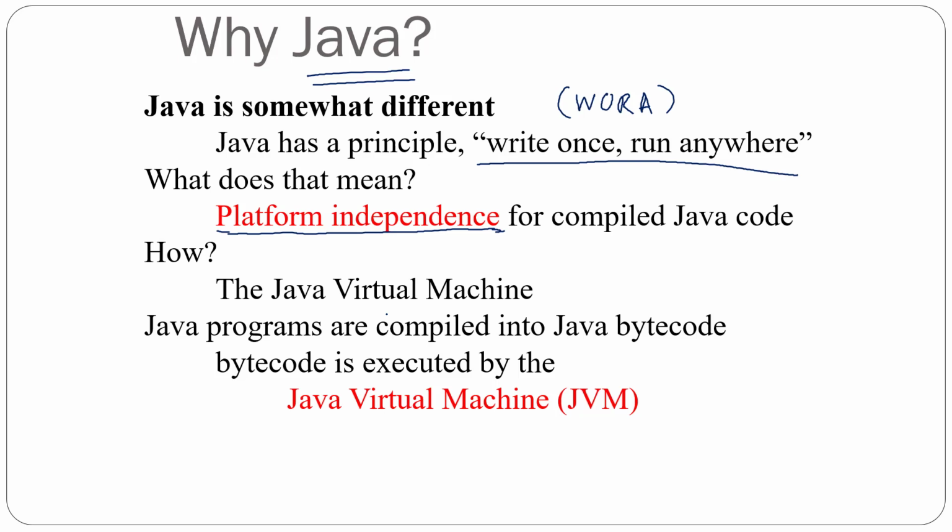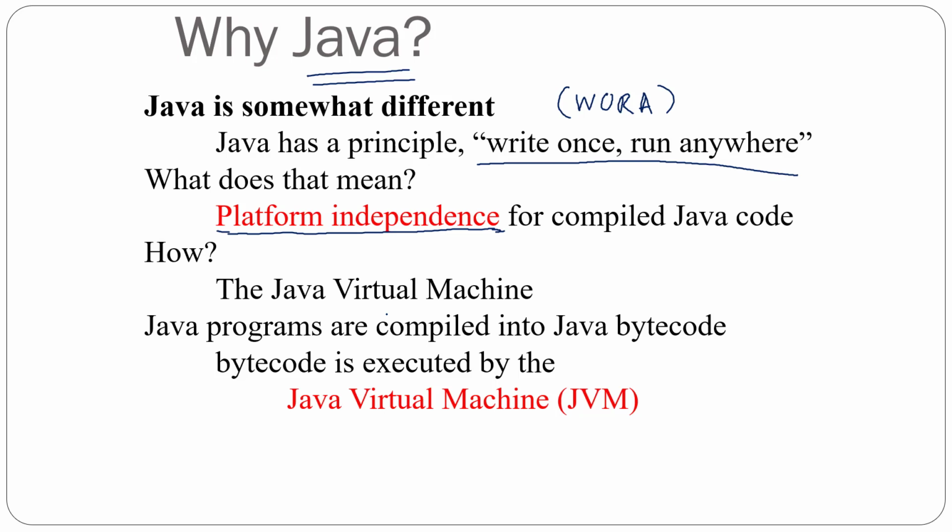So that's the reason this language is, by birth or by its nature, platform independent. It can run on different kinds of hardware or platforms. Okay, so how was that possible to achieve?